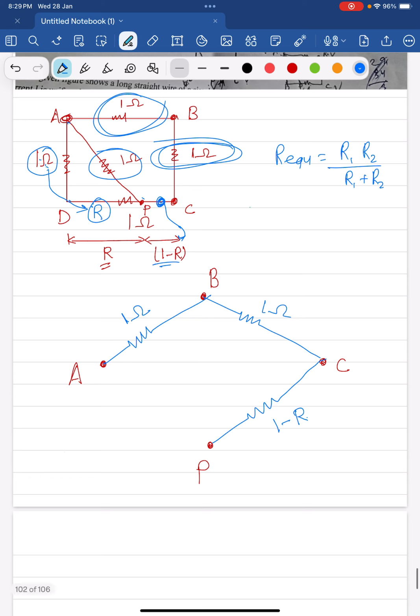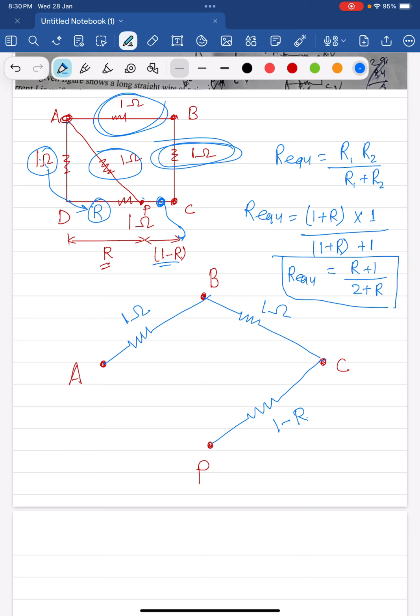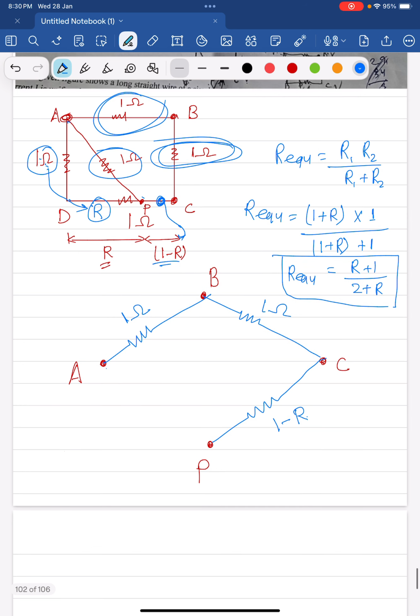It means R equivalent is 1 plus R, R1, and R2 is R divided by 1 plus R, R1 plus R2 is 1. So it is R plus 1 divided by 2 plus R. So resistance of this will be R plus 1 divided by R plus 2.